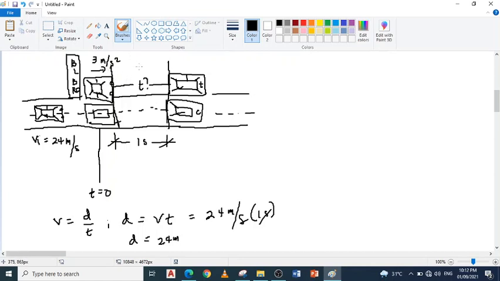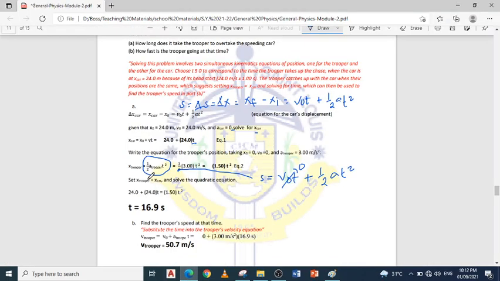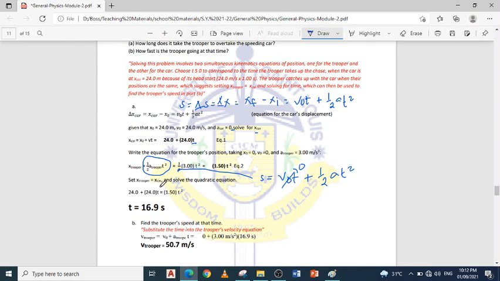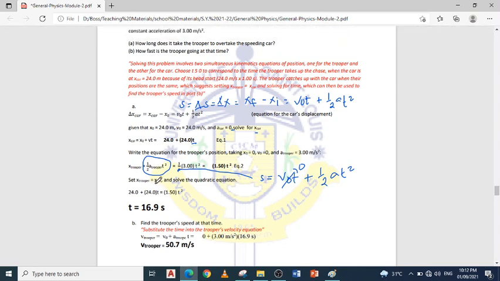Okay? Pareho na sila ng distance traveled. Okay? Kaya dito, in-equate niya na yung distance traveled ni car is equal to distance traveled ni trooper. Okay? So, x trooper is equal to x car. So, ito yung x ni trooper. Ito yung distance traveled ni trooper.